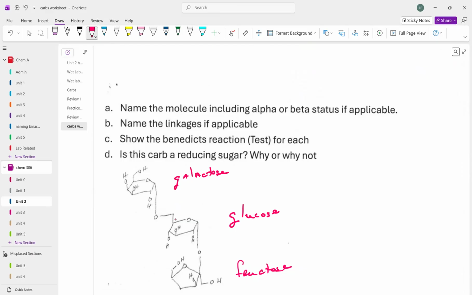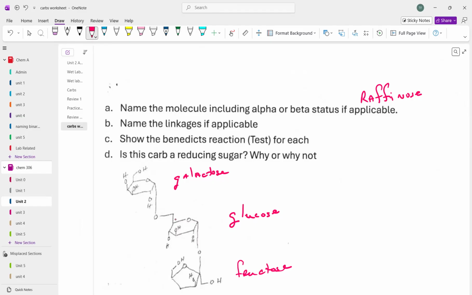So this is an oligosaccharide. And is there a hemiacetal present? No. So this is raffinose.